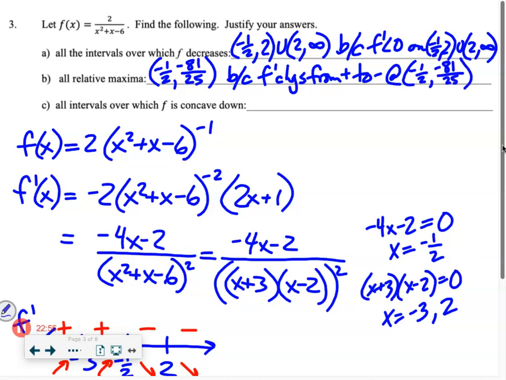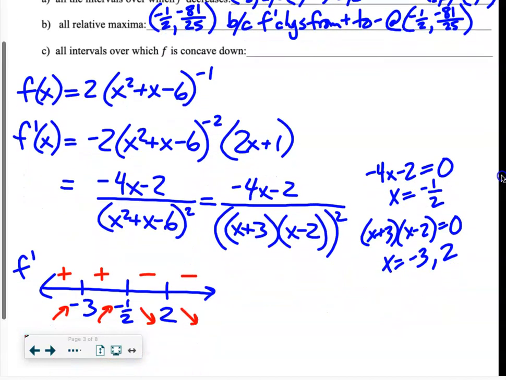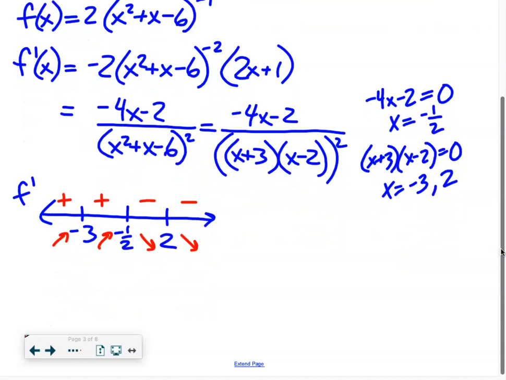All right. Concave down, second derivative. This will be fun. Okay. I'm going to use this guy right here as my first derivative, and I'm going to do a wonderful quotient rule.